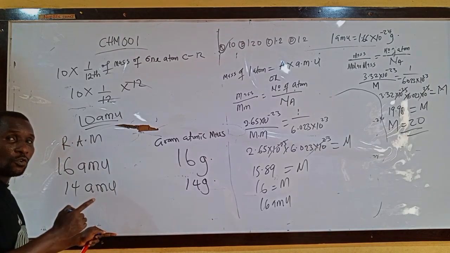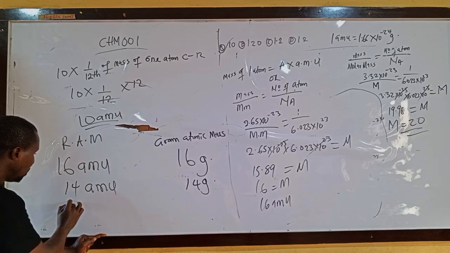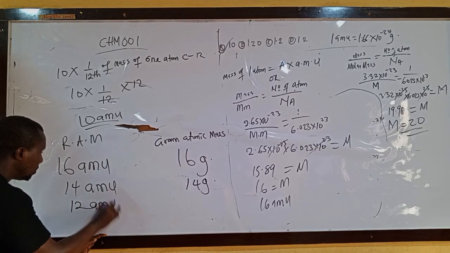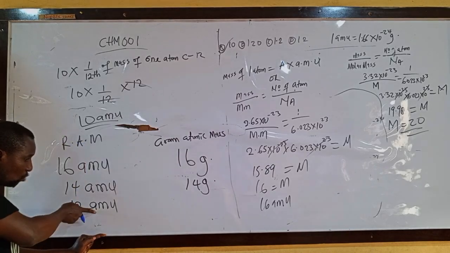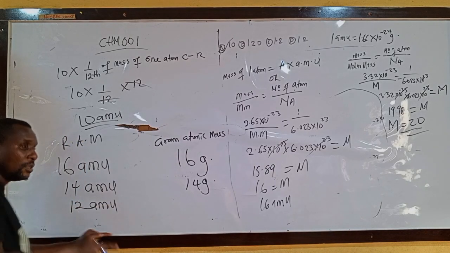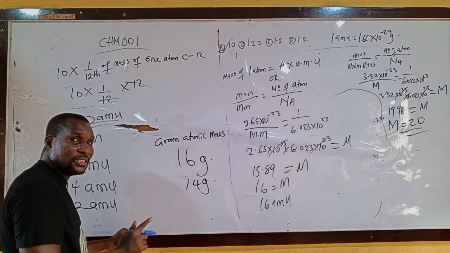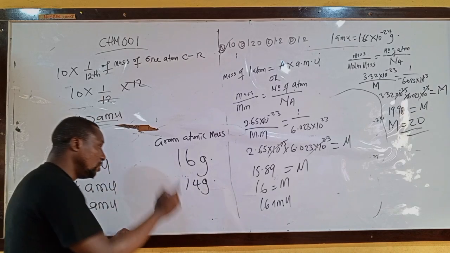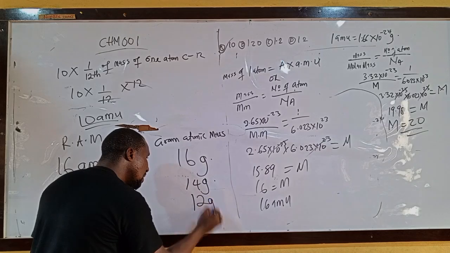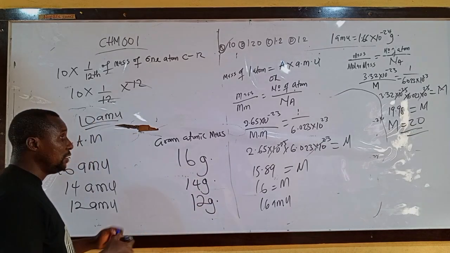The relative atomic mass of one atom of carbon is 12 atomic mass units, and the gram atomic mass of one atom of carbon is 12 gram.